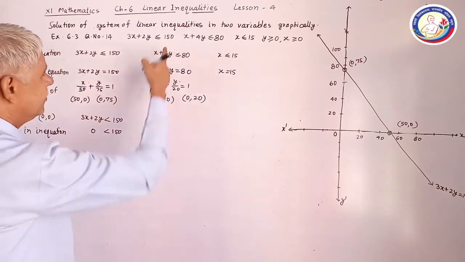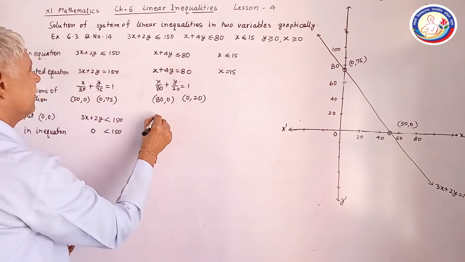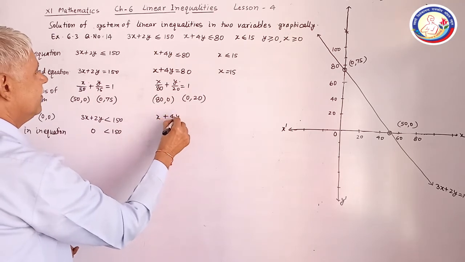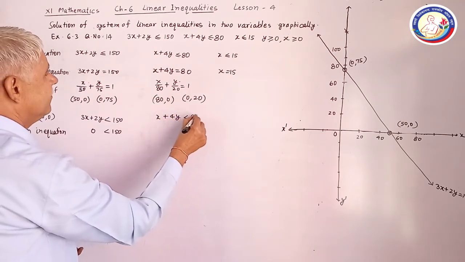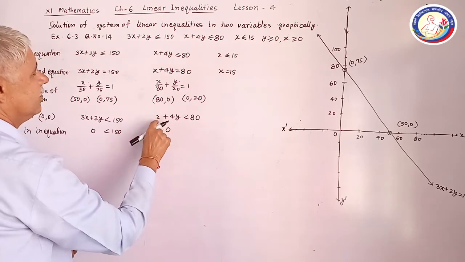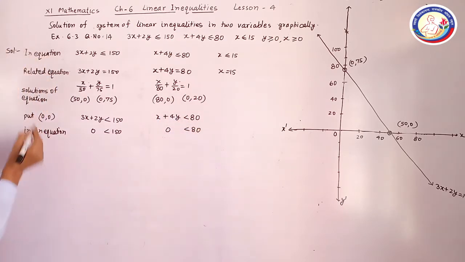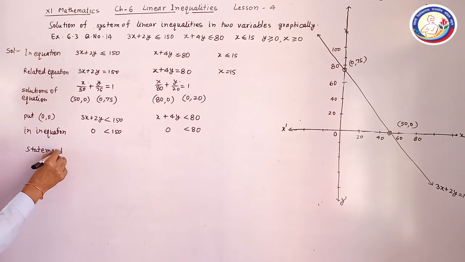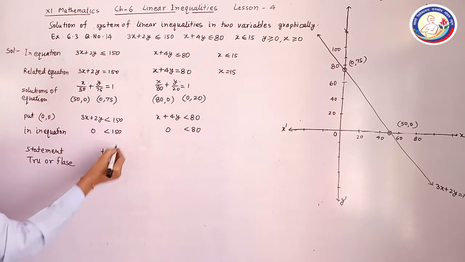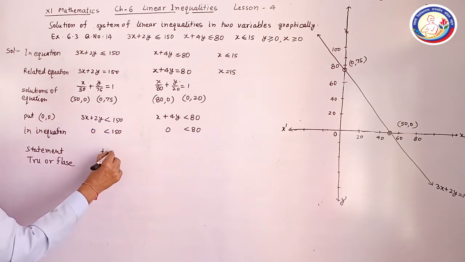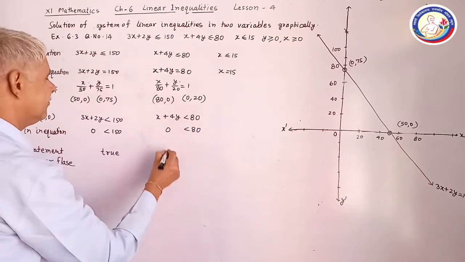And here if we put 0, 0, we will get x plus 4y less than 80: 0 plus 4 into 0, that is 0, is less than 80. Are the statements correct? The statement is true because 0 is less than 150. True. And here also true.